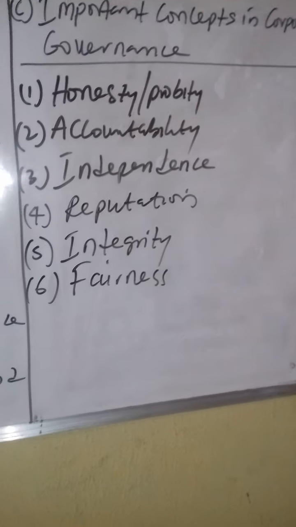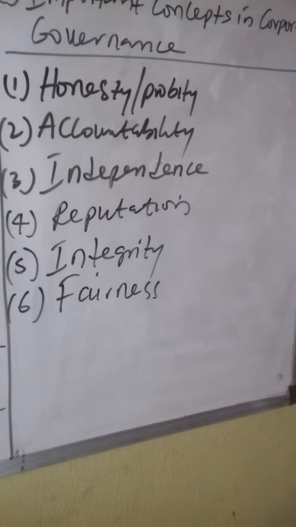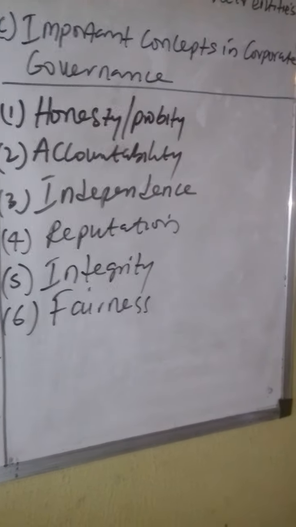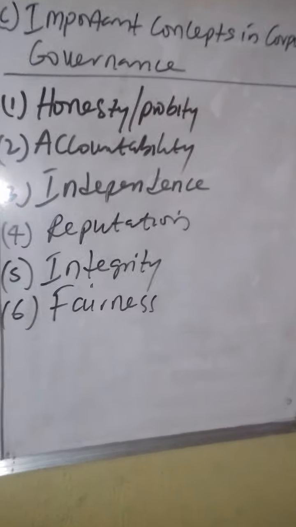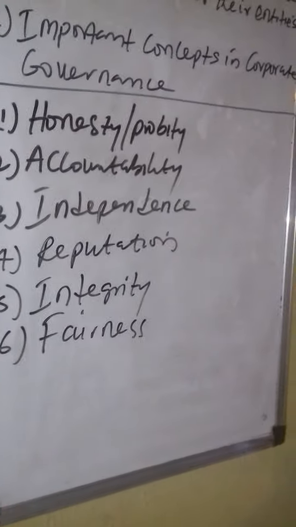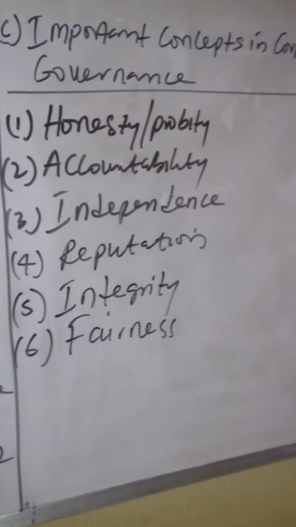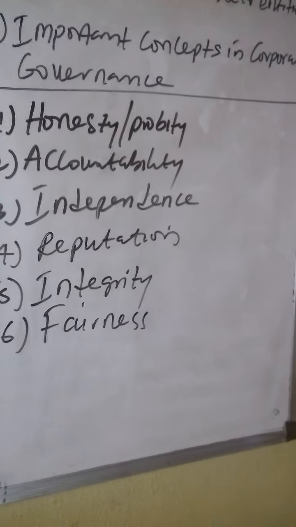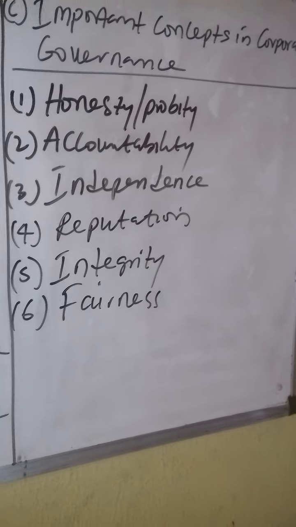This concept requires that an entity provide information concerning their product and services without any falsehood. Accountability ensures that the directors see themselves as employees of the investors or the shareholders, and therefore they ensure that reports concerning the activity of the company are given at the right time and at a balanced level.